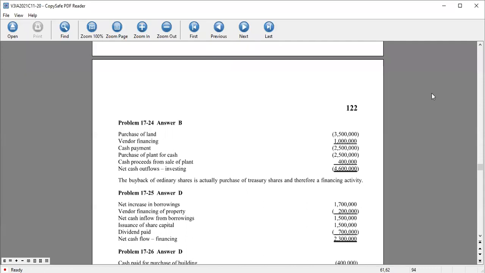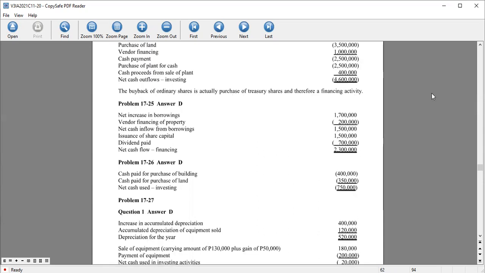And we have the vendor financing of 1 million as stated. We add, then we have the cash payment, and the purchase of plant for cash, 2.5 million, and cash proceeds from sale of plant. So we have the cash flows from investing activities of 4.6 million. Now the buyback of ordinary shares is actually a purchase of treasury shares and therefore a financing activity.